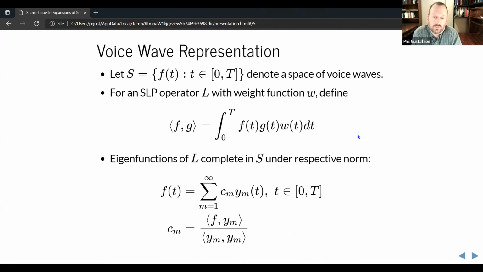According to Sturm-Liouville theory, these eigenfunctions are complete in S, and therefore you can express a voice wave as an expansion in terms of these eigenfunctions. Your coefficients have the form there at the bottom of the slide. They're sometimes called generalized Fourier coefficients or Gram-Schmidt coefficients. They come by different names, and with an orthogonal expansion, the derivation of those formulas is pretty standard.